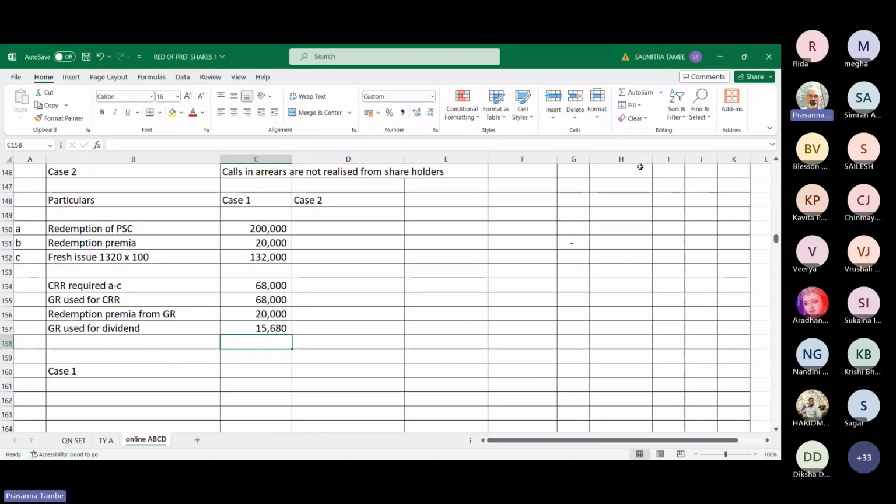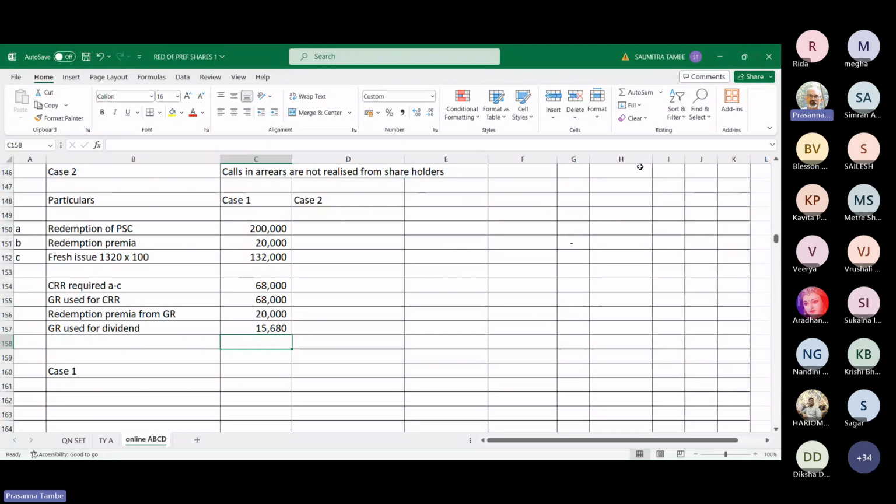And we'll also provide 15,680 again from GR towards the payment of these dividends. Okay, have you understood the calculations here? Yes or no? Yes, sir. Okay, now let's have a look at case 2 because the numbers will change.